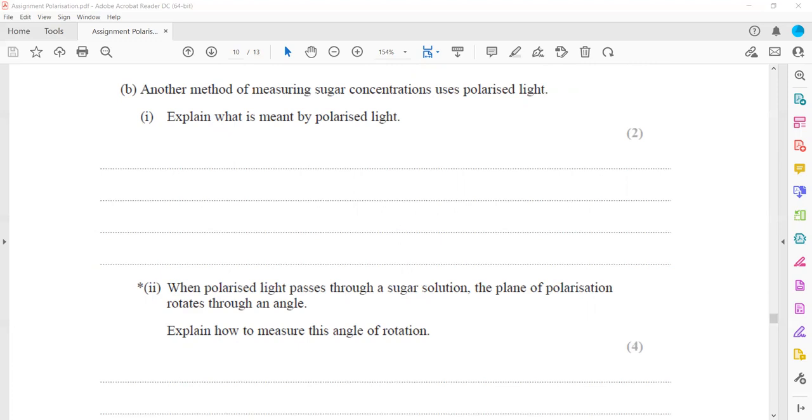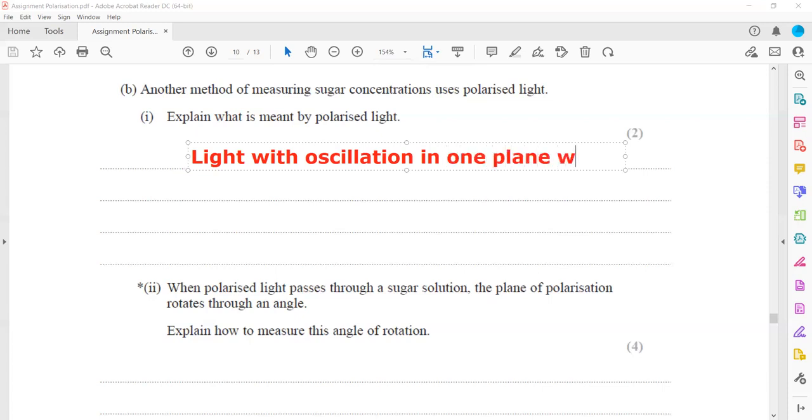If I use the term plane, so light with one component of oscillation, or light with oscillation in one plane which includes the direction of travel.